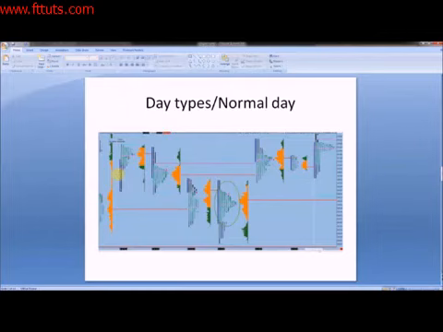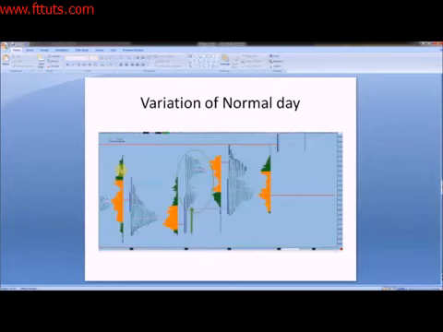But what we saw is we've moved out. We've had a large range extension. It's then been cut off and we've shifted into balance. It looks really good here. We've opened at our low. We've got our initial balance. We've then shifted out of our initial balance and turned into a slightly P-shaped profile.